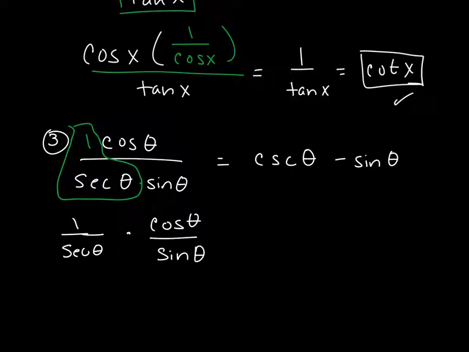I can do that because if I multiplied them together, I would get exactly the same thing. Now, why did I do that? Well, I didn't like the secant here. I want to write that 1 over the secant is actually the cosine of theta, correct?